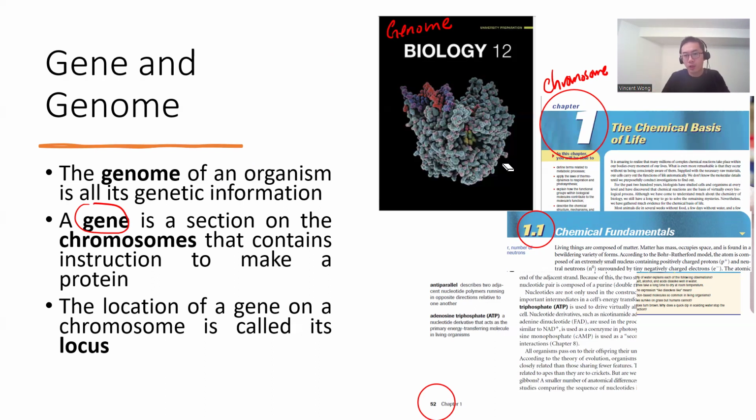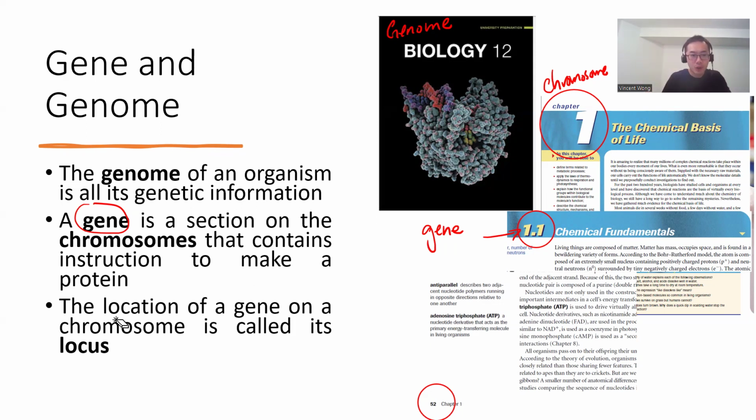So within the chapter, you have section 1.1, which teaches you about something, and 1.4 teaches you about something else. In another chapter, like chapter 4, you have 4.1, 4.2, 4.3. Those sections are like genes. Each section gives you information about a specific topic.